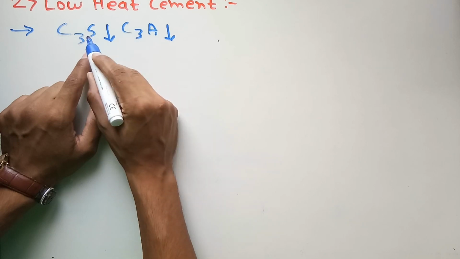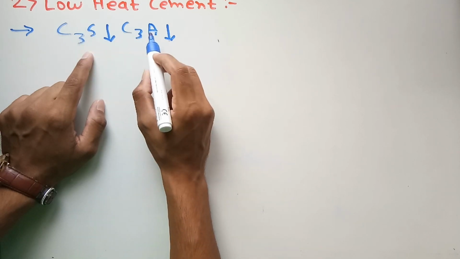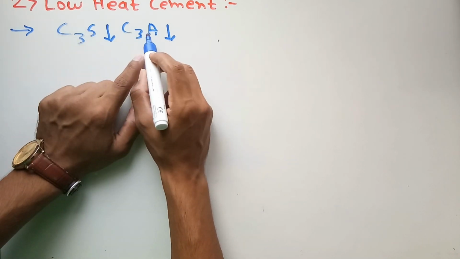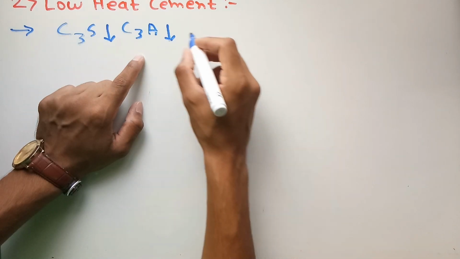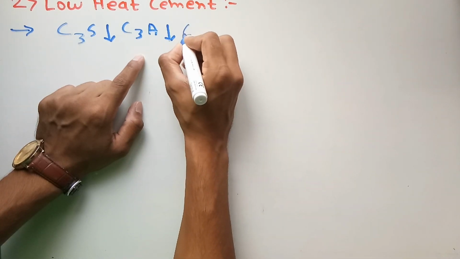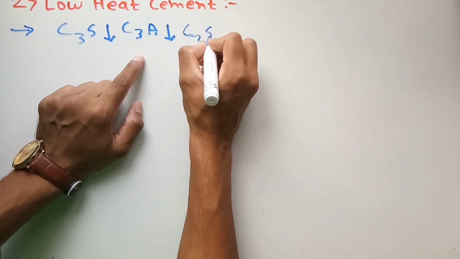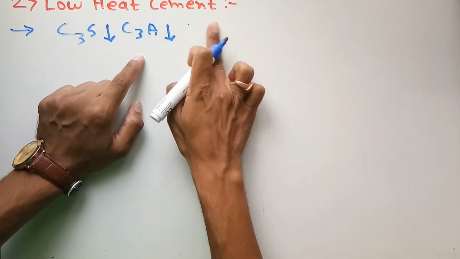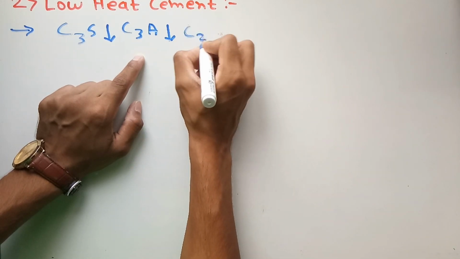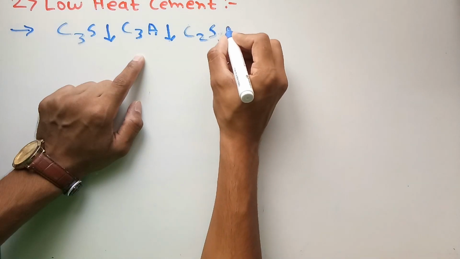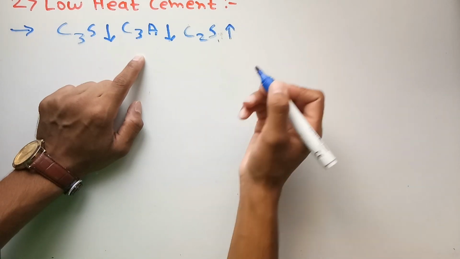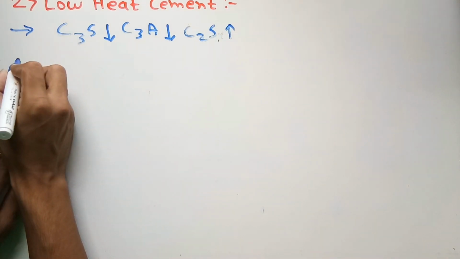So the content of tricalcium silicate and tricalcium aluminate we kept in the lower quantity. And as we know that dicalcium silicate is responsible for the later strength, which generally occurs after 7 days, so the dicalcium silicate proportion in the case of low heat cement is kept in increased order.